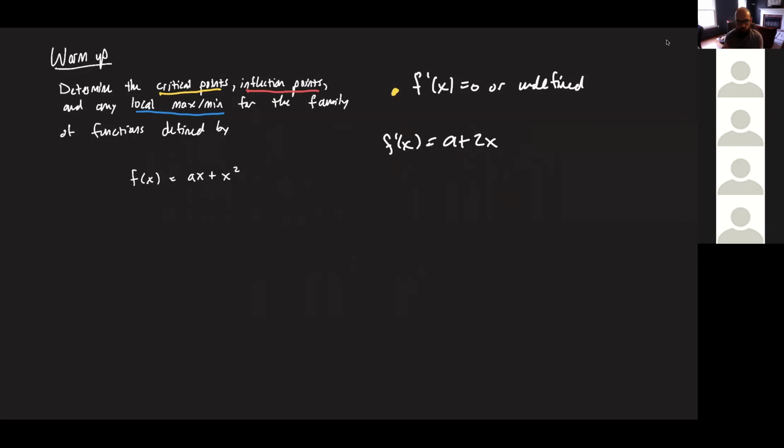So this will always be defined, and it's going to be 0 when, right, so we would set this a plus 2x equals 0, and x is going to be equal to -a/2. Okay, so far so good?